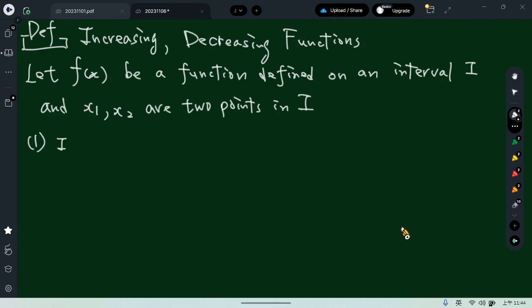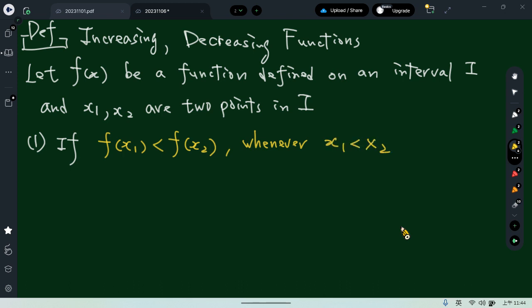The first statement: if f of x1 is less than f of x2 whenever x1 is less than x2, you can see that the larger the input x, the larger the function value.